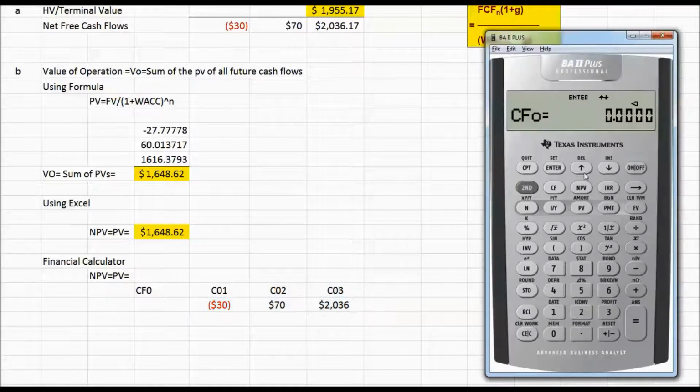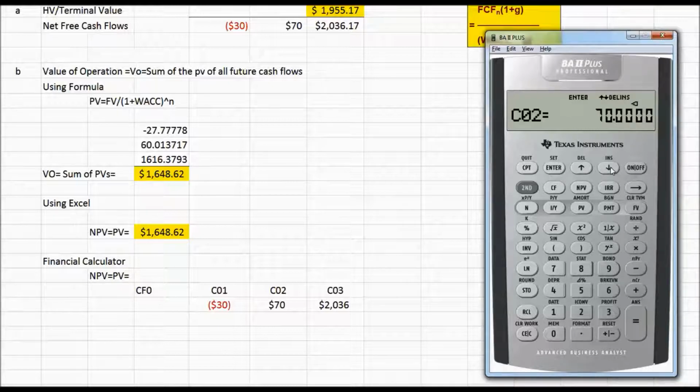So let me put these numbers in your calculator. Right now, look at here, CF0 is 0, so let's leave that number 0. And C01 is negative 30. So 30, put a negative sign, enter, down. How many times are you getting that $30? You are getting just one time, right? Go to the second cash flow, which is $70.